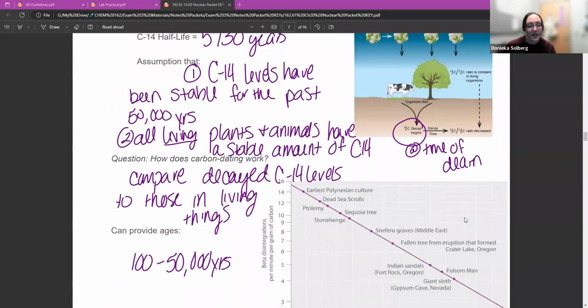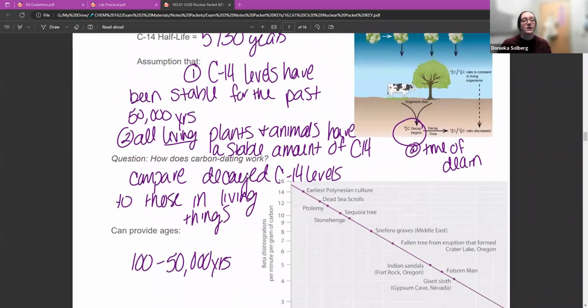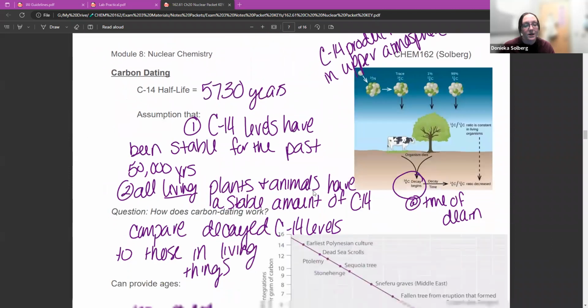So that's how we date it. And so we compare those decayed C14 levels to those in living things. So if you were going to use our equations from before to figure out how old something is, the original amount of C14 would be like if it was living, and then the C14 amount after a specific amount of time would be while it's dead. So we will use those equations.